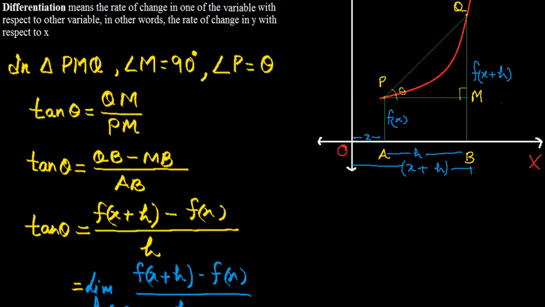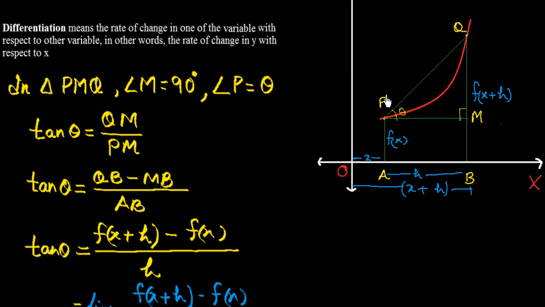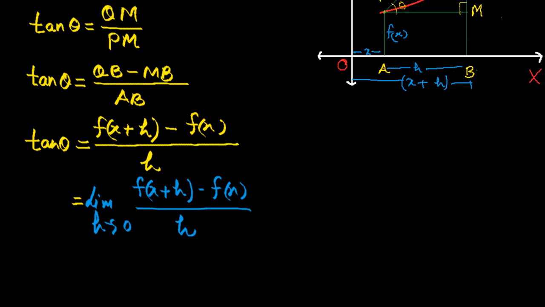Why are we doing this? If we draw a tangent at point P, it would be like this, and another tangent would be like this. We have to make a unique tangent for the P and Q points. So as Q approaches P, and B approaches A, h becomes 0. Then the tangents coincide, and there is a unique tangent when h approaches 0.